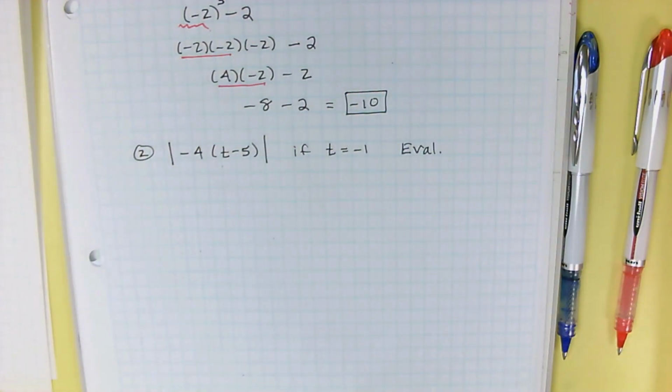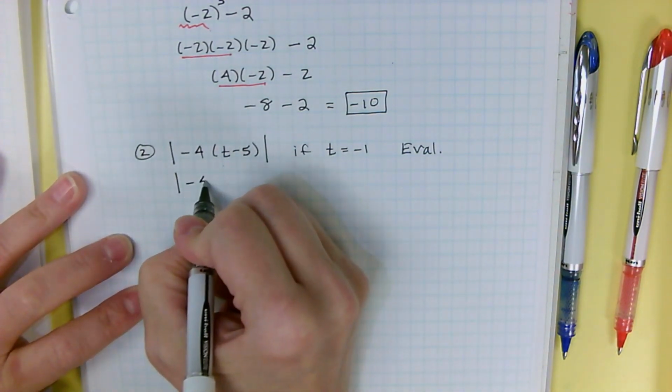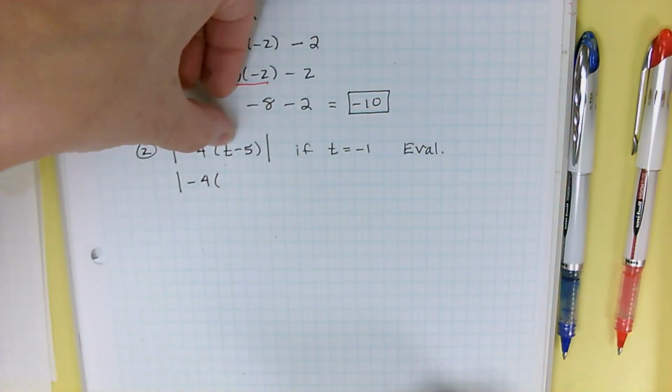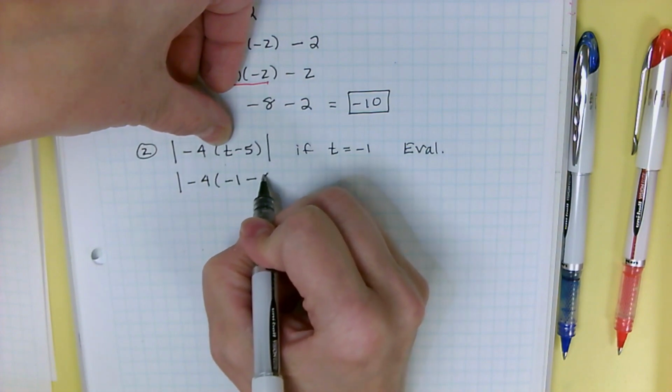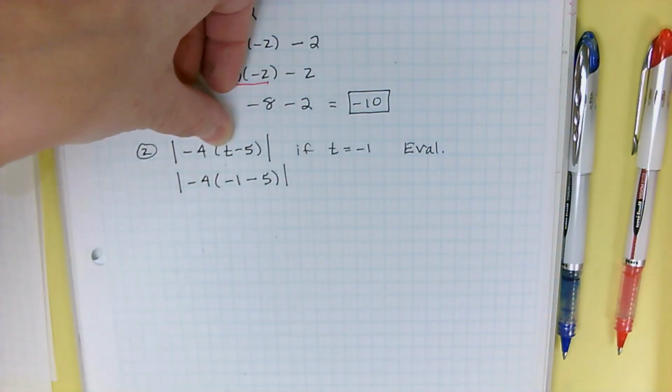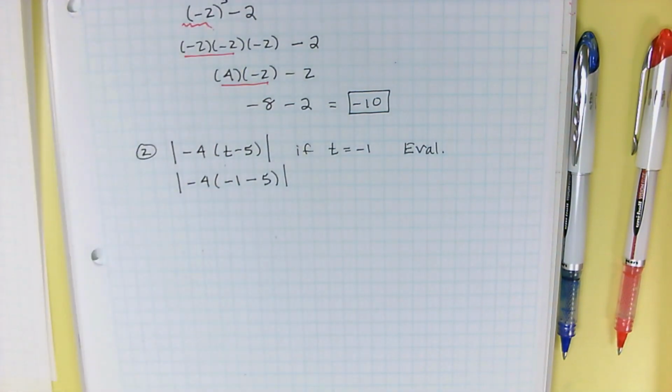So we're going to substitute in negative 1 for t. So here we go. Absolute value, negative 4, and then in parentheses. Now, this t doesn't have a number in front of it. It doesn't have a power. So we can just put the negative 1 in without parentheses because there really isn't anything being done to the t that we have to use parentheses for.